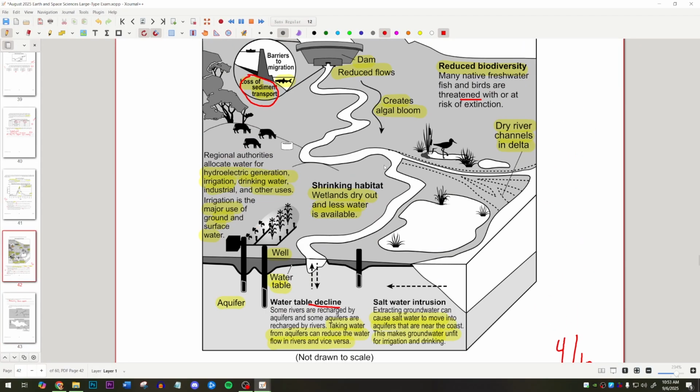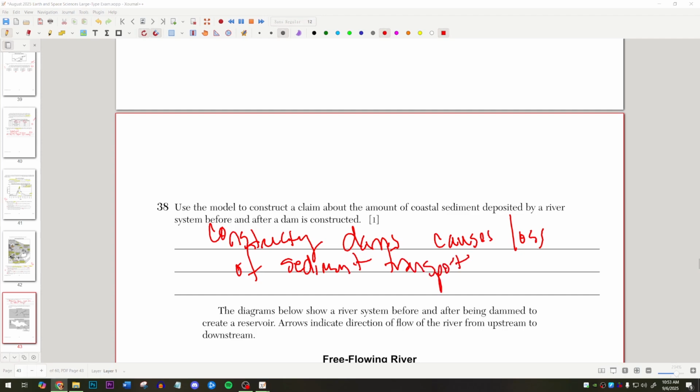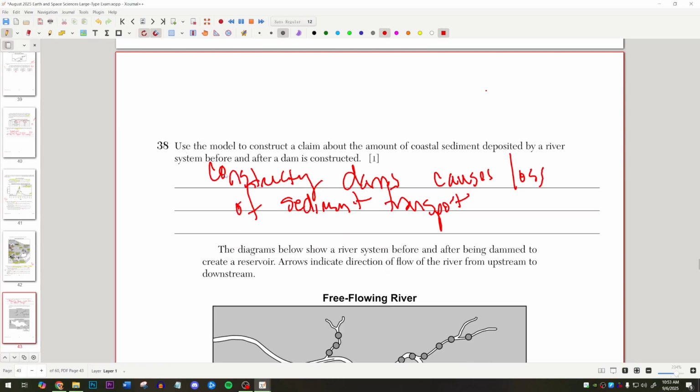We'll say causes loss of sediment transport. That's it. That was easy. 2 out of 10.